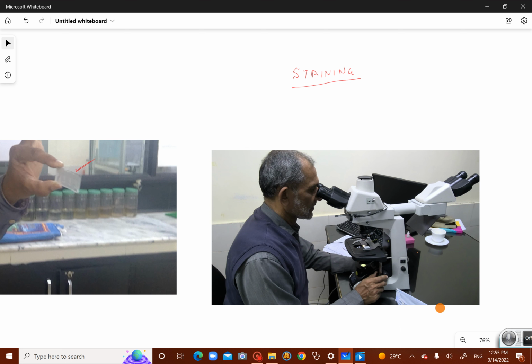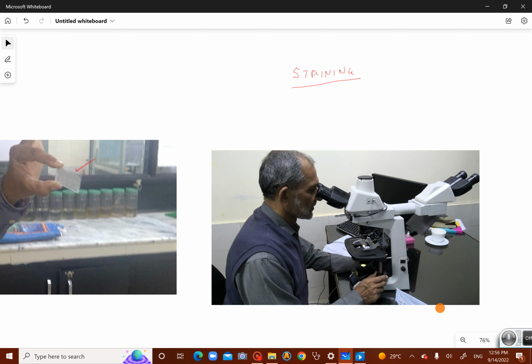Another dye is eosin. Eosin is acidic in nature and it is pink in color. And all the basic structures will take up the acidic dye, eosin. So the cell membrane and cytoplasm contain basic structures, so they will take up eosin and become pink in color.